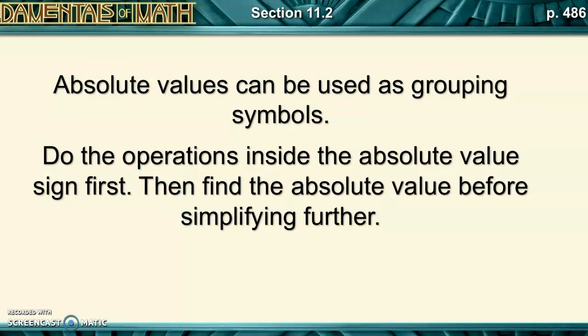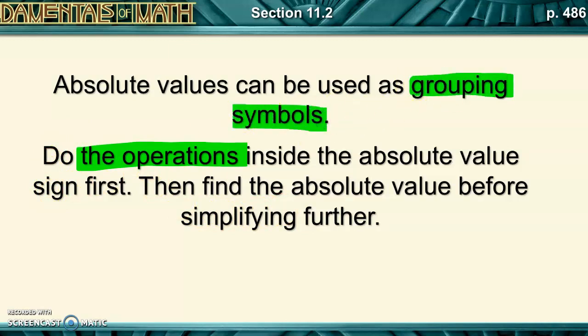Absolute values can be used as grouping symbols as well, so we're going to highlight that because it's important. We use the order of operations inside the absolute value sign first, and then find the absolute value before simplifying further. A grouping symbol is a part of our order of operations.